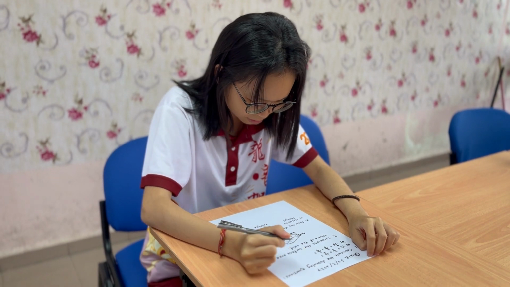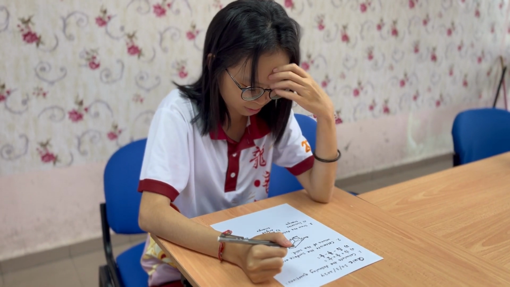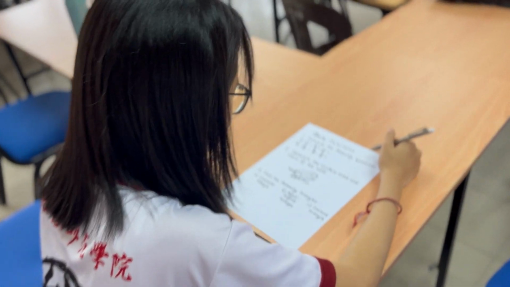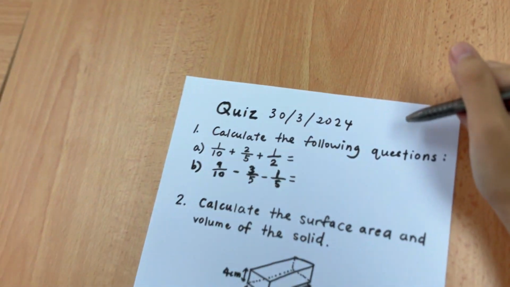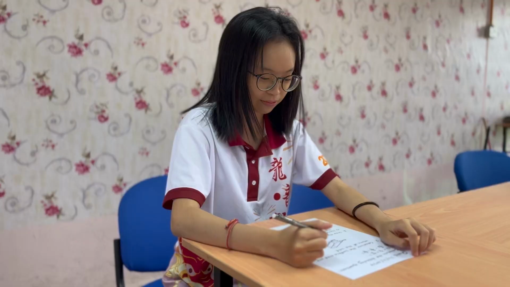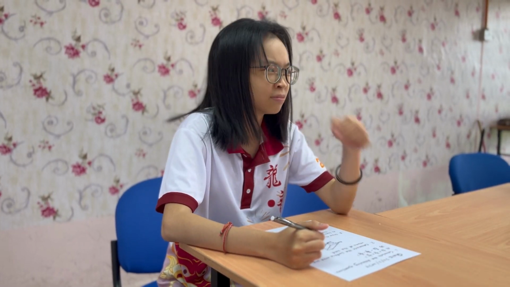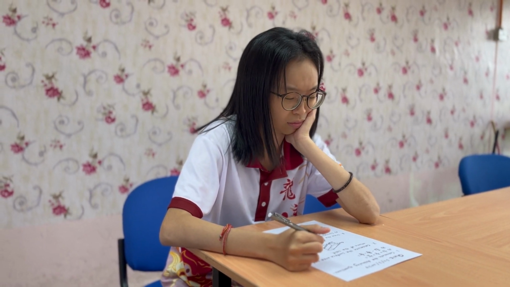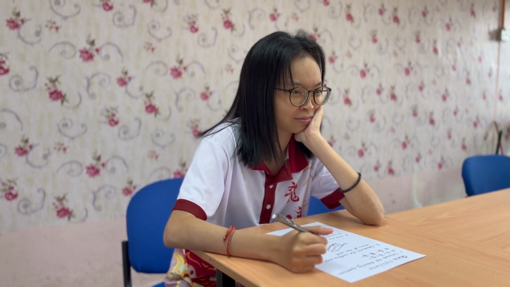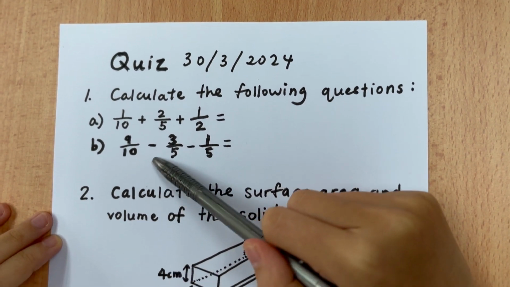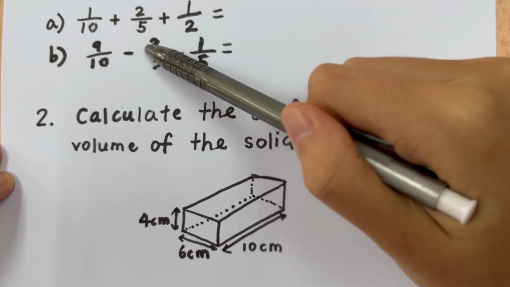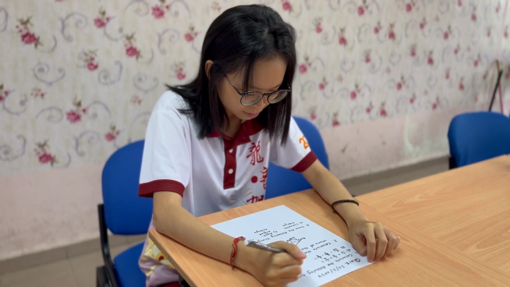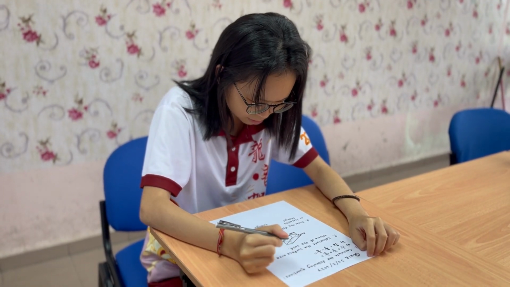Oh my god, this quiz is so difficult. Even the denominator of the fractions are not the same. How am I going to solve it? Formula for the volume and total surface area?